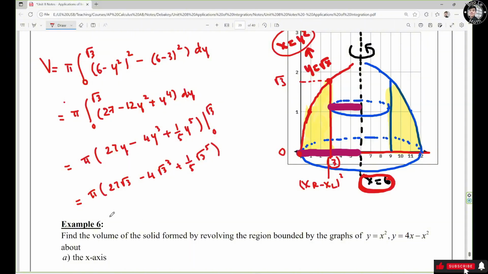If you simplify further, it turns out to be pi times 27 root 3 minus 12 root 3 plus 9 root 3 over 5. Then the final answer must be 84 root 3 times pi over 5.